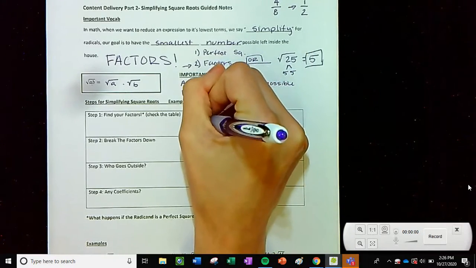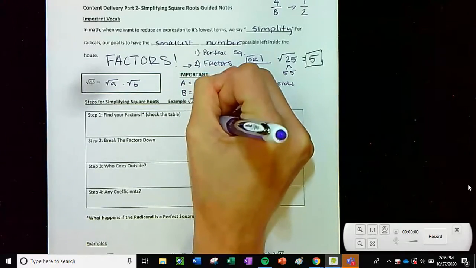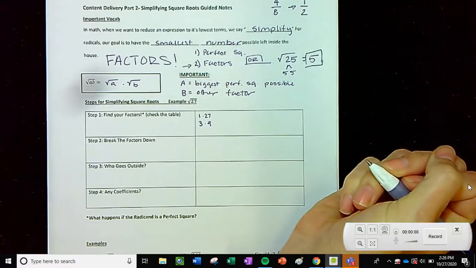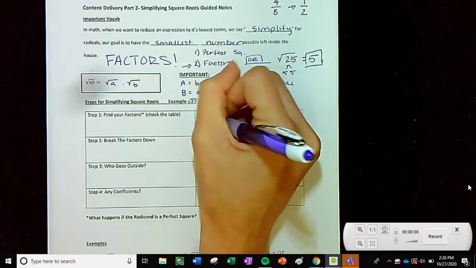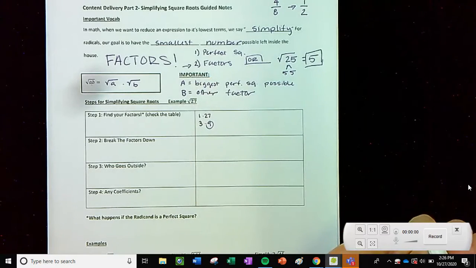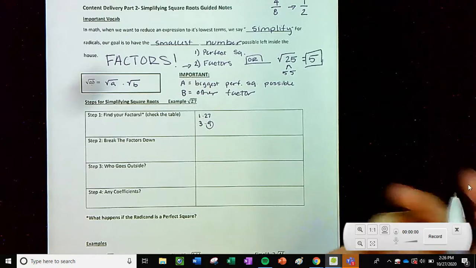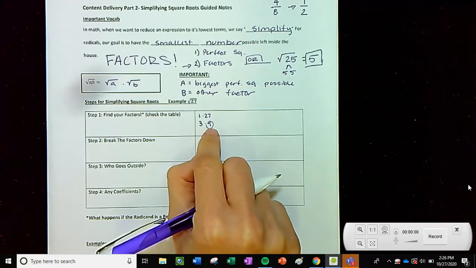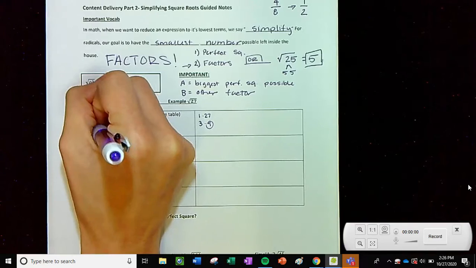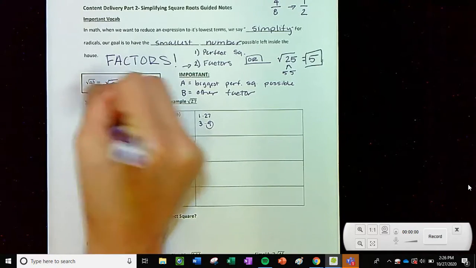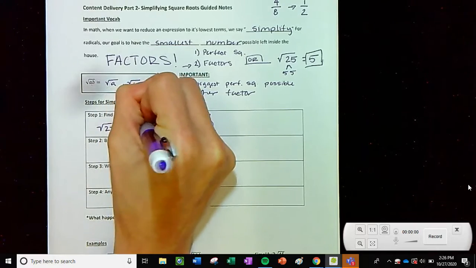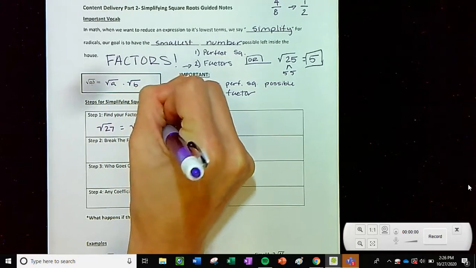What about 3? 3 times 9 is 27. And we can stop right there because if we're looking at our table, we know that 9 is a perfect square. So these are the two factors that we're going to pick when we take the square root of 27 and rewrite it as the square root of 9 times the square root of 3.